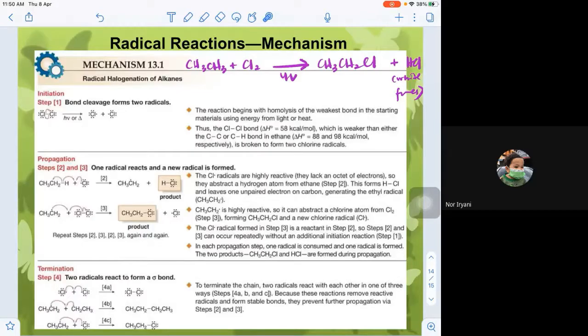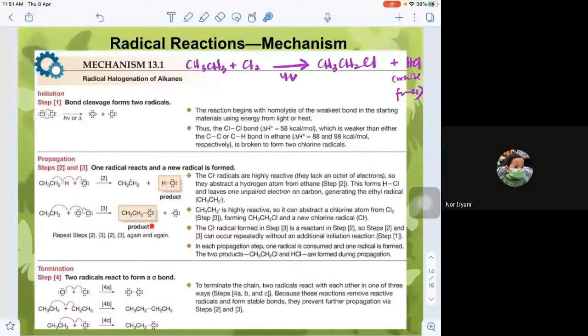And then the next step is this radical that is produced in the first propagation step attacks or reacts with the neutral Cl2. One of the chlorine attaches to it, so it turns to the product as well, CH3CH2Cl. This is our main product. And one Cl radical is produced.